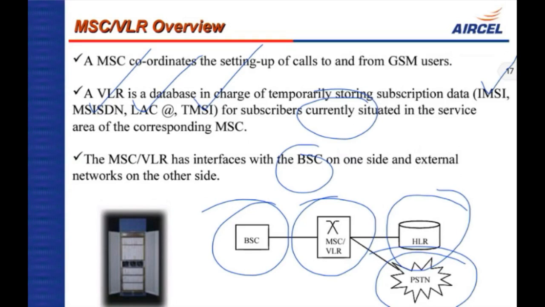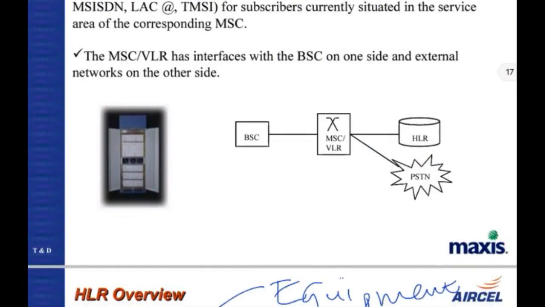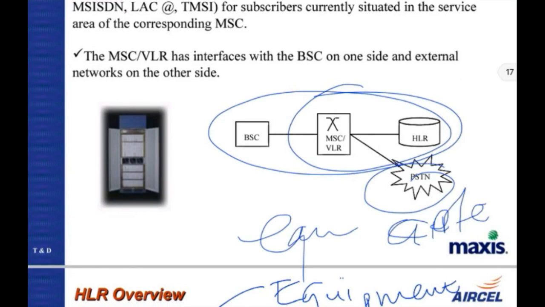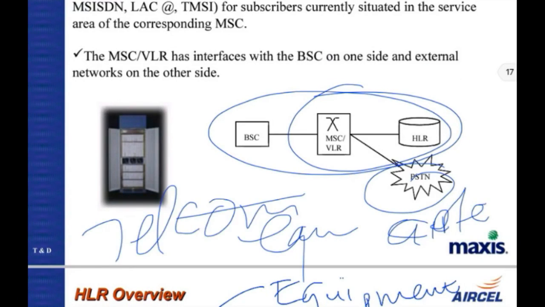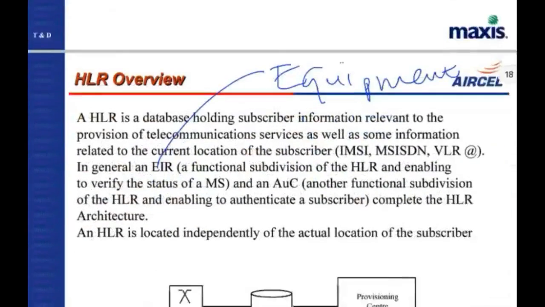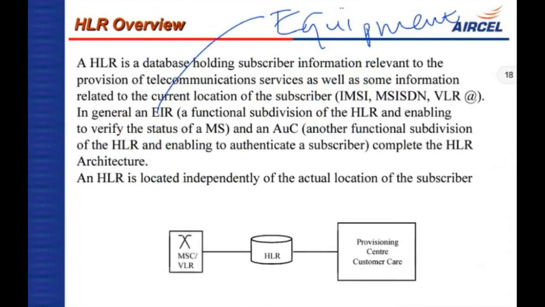If we are talking about Safaricom, then this may be Airtel, it may be Equitel, it may be Telkom. We may also have some VoIP going through the internet. All these are the ones that we are classifying as external networks or PSTN. Having said that, we will now jump to the home location register.